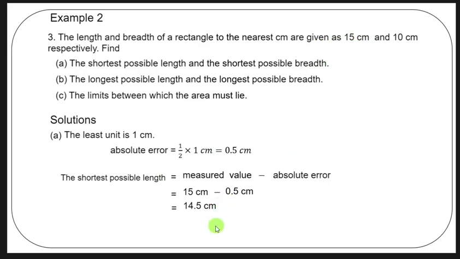Then now we get the shortest possible breadth. So it is also going to be equal to this breadth here. Then we'll say 10 centimeters minus the same 0.5, which will give us 9.5 centimeters. So then we'll also go to C. There's no space here. Let's move now to C.